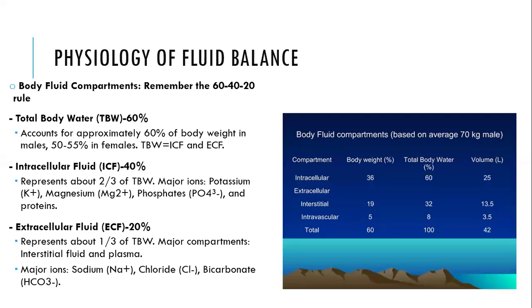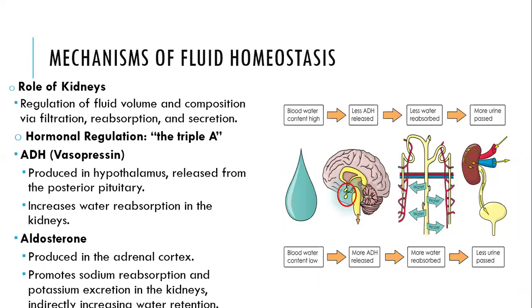The major ions in this compartment are sodium, chloride, and bicarbonate. You will see on the right side of the slide how this is further divided in the 70 kg man. We'll look at the body weight and all that. So this is just a reminder as we go on.